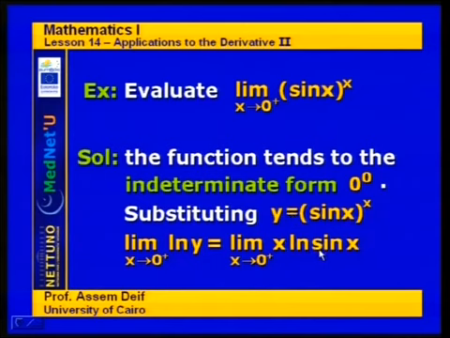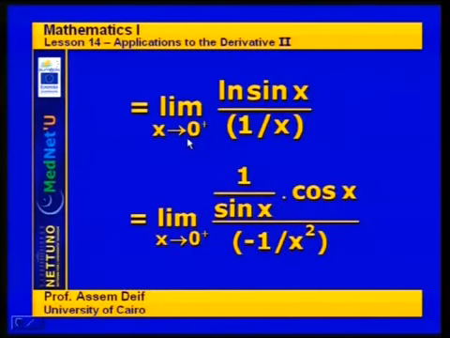Now you start by applying the limits. But you still cannot apply L'Hopital's rule to the right-hand side here, because when x tends to 0, you get 0 times infinity. So you have to put it in a form which is amenable to L'Hopital. You can put it in this form, ln sine x over 1 over x. Now when x tends to 0, you get infinity over infinity.